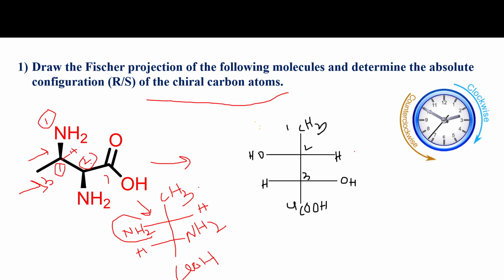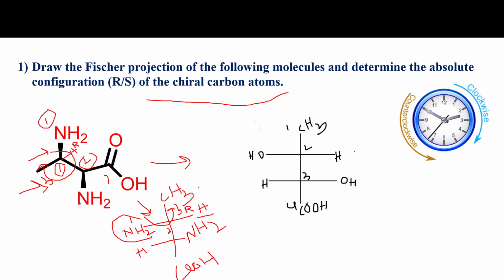Now 1, 2, 3 are rotating in which direction? 1, 2, 3 clockwise, so this will be R. Now here this will be your first priority, this will be second, this will be third, and it rotates anti-clockwise, but the fourth priority is horizontal, so that will be R. So what we drew is right.